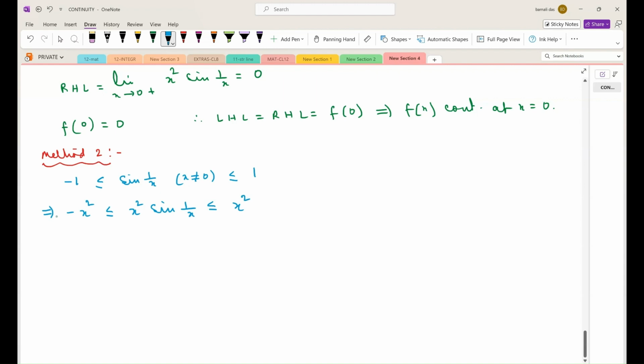Now let us see the limit of the two extreme functions, that is this function and this function.